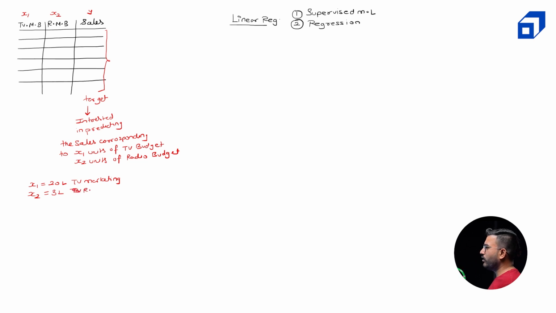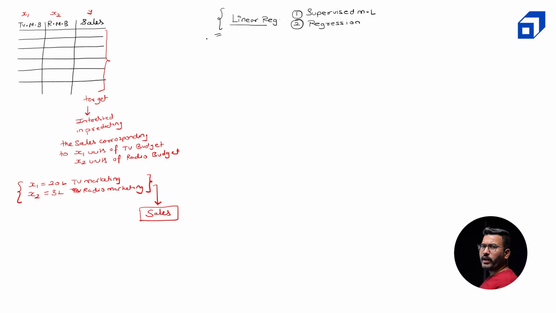If this is the kind of input that we have, then what is going to be my corresponding sales? What is my output? That is what we are interested in finding out. This is what we can solve using linear regression.